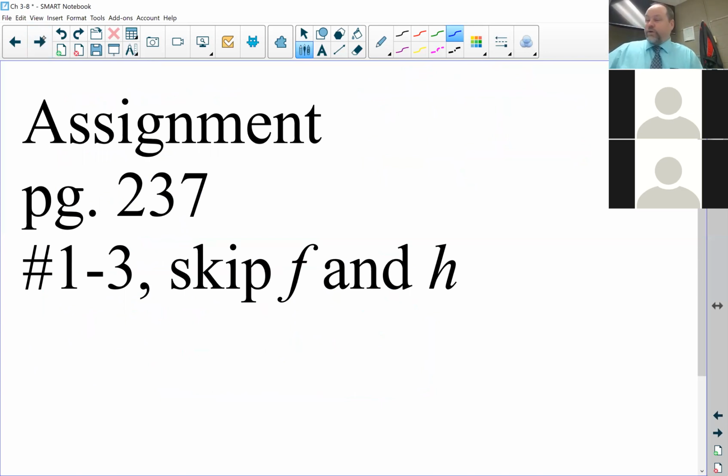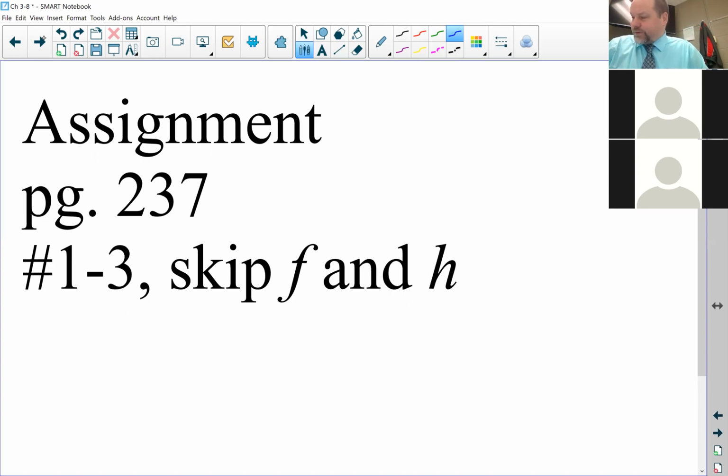So for your homework, I know huge assignment. On 237, doing problems 1, 2, and 3. Skipping F and skipping H. F and H are asking you to draw diagrams and graphs, and I just don't think we need to do that.